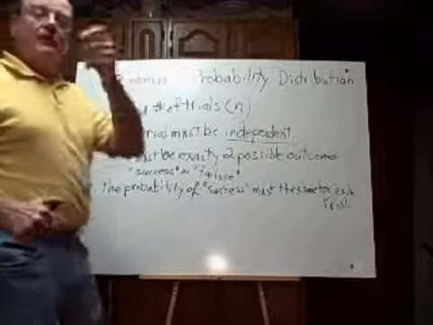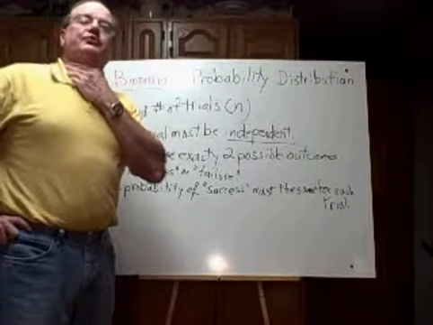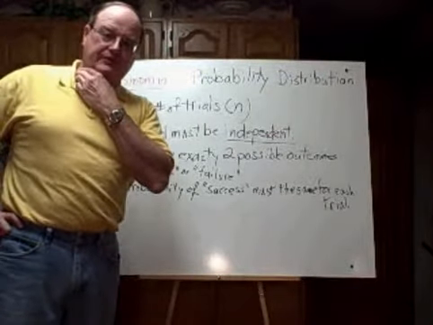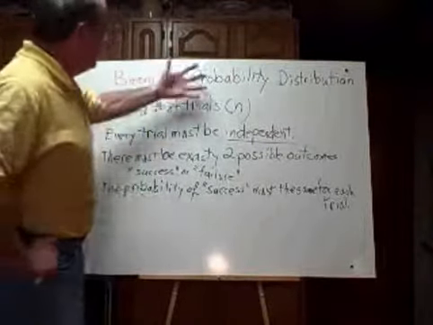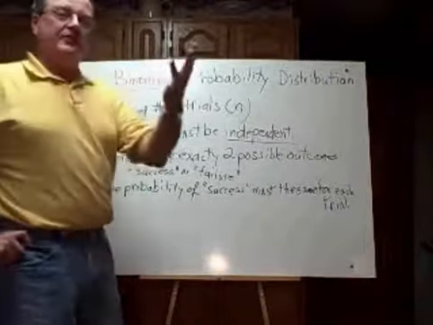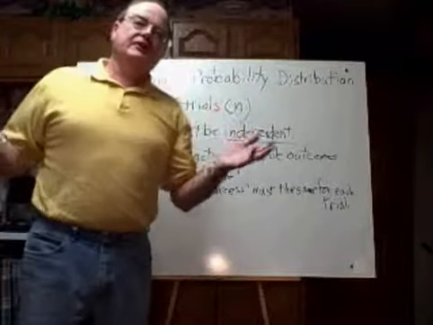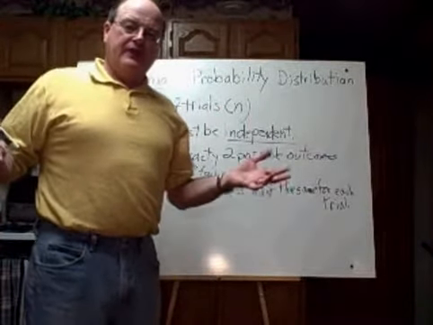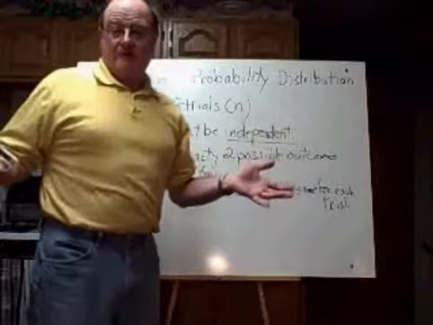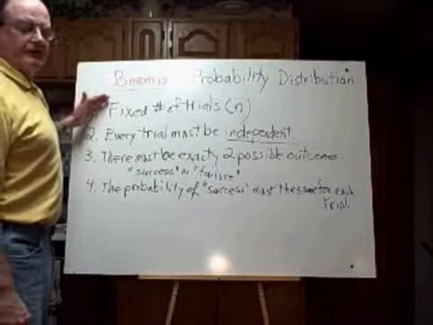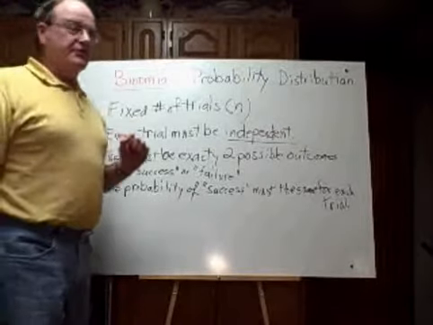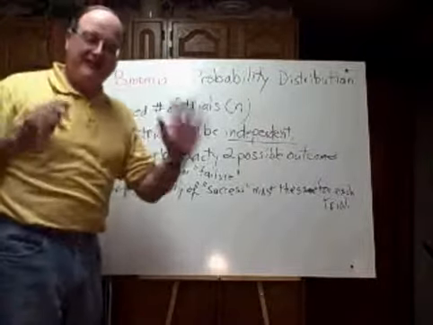All right, let's go back to our procedure of checking out the newborns at a hospital. Let's take a look at it and see if that situation satisfies all four of these. Now remember, I specified we're going to randomly choose 7 newborns and see if they're male or female. First of all, do we have a fixed number of trials? Yes, we do. We said we were going to randomly choose 7.